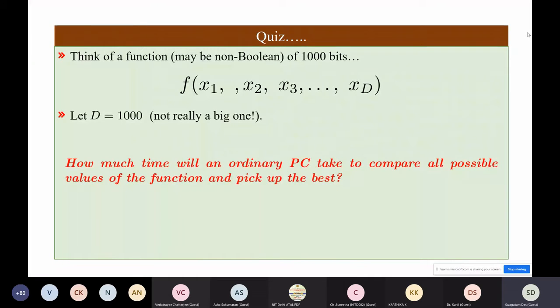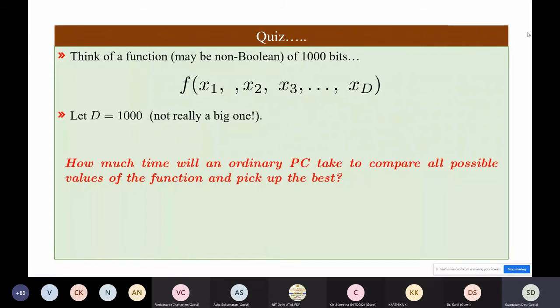So you see, if I employ a common computer science-based exhaustive search method and just count the number of comparisons for this simple situation, where my variables are Boolean and can be zero or one, with 1,000 Boolean variables, it takes 2 to the power 990 seconds on an ordinary PC. If you have a supercomputing type machine, this time can come down to maybe 2 to the power 800 or 850 seconds.